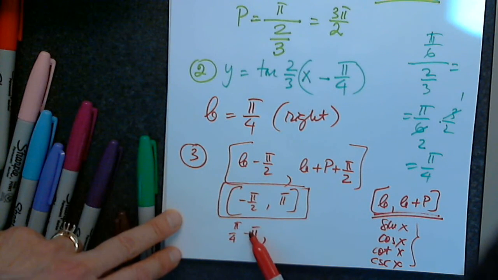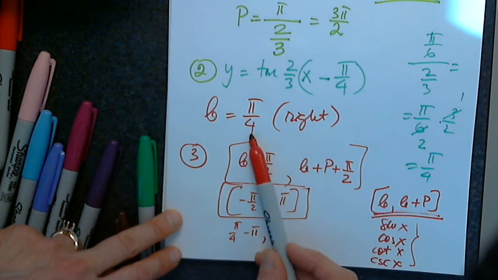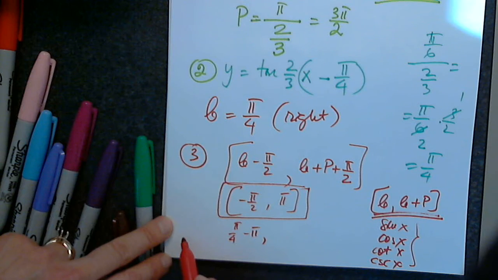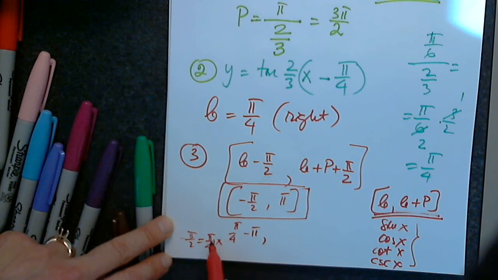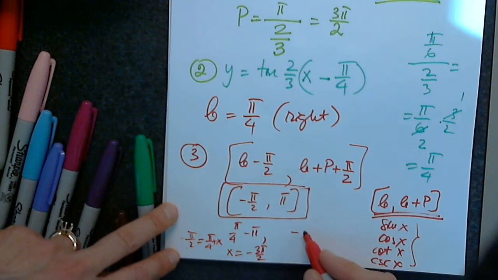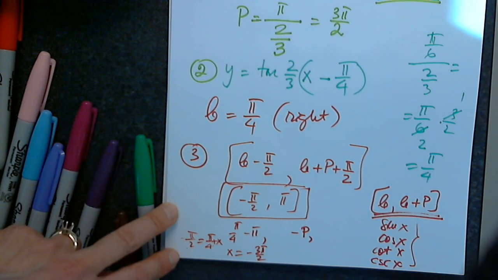So how do I get a negative pi over 2 when this is pi over 4? So negative pi over 2 equals pi over 4 plus x. So x equals negative 3 pi over 4. So this will be the period, negative the period.